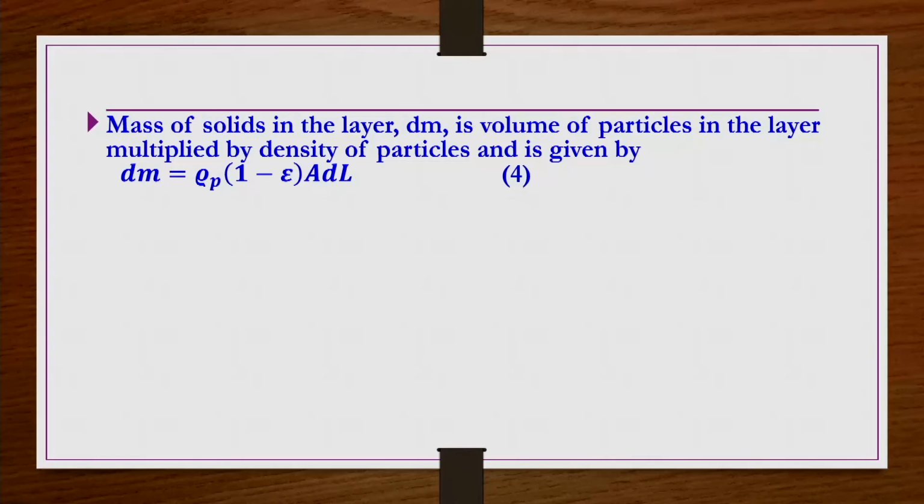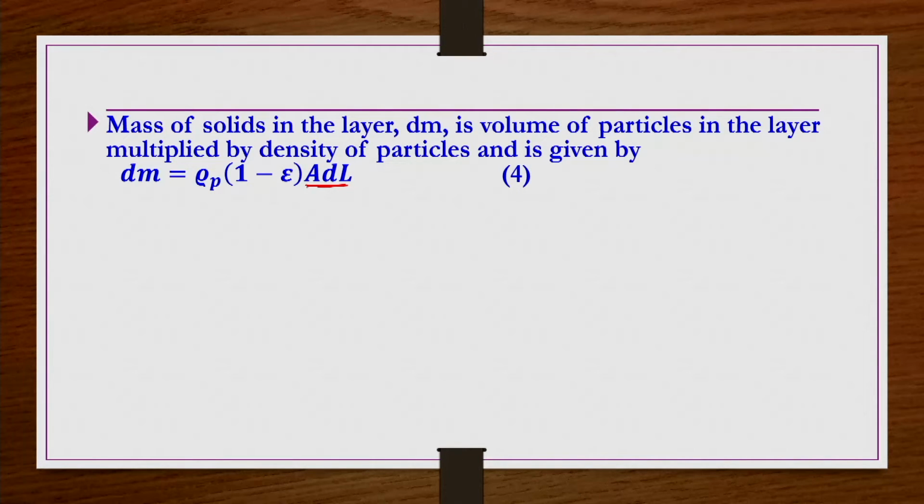Then let us say the volume of the layer of cake that we have taken is the area, which is now the same as the filtration area, because in the entire filtration area particles are being deposited, right. That area multiplied by the thickness of the cake layer gives the volume of that particular cake layer.